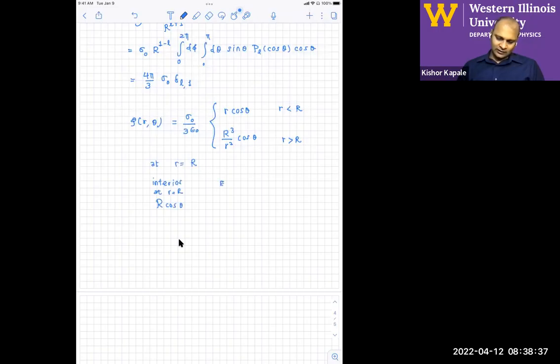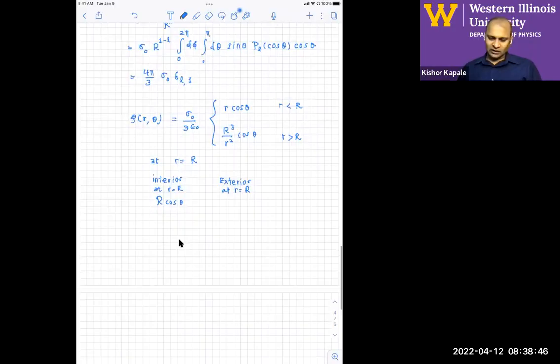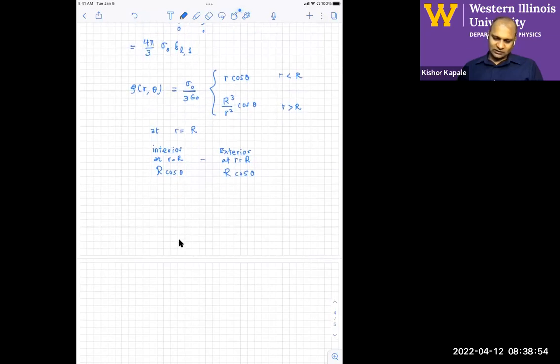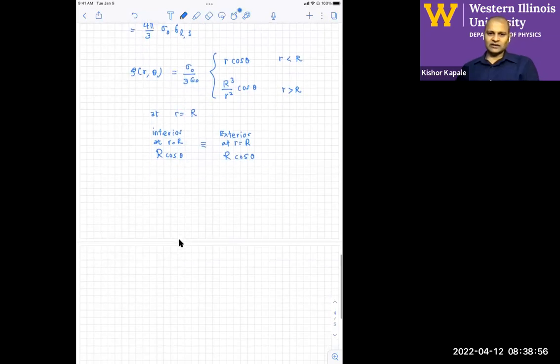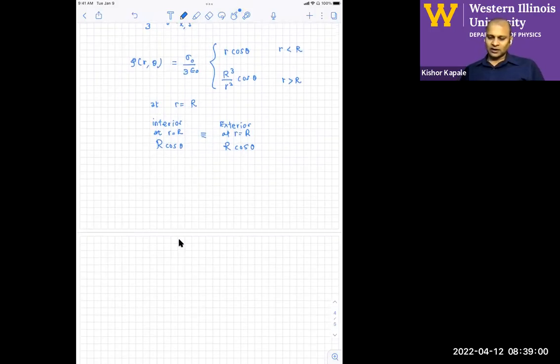And then the exterior expression at r equal to R, it's basically a limiting argument, and so again you get the same thing, because R cubed over R squared is the same thing. So they give you exactly the same thing. There is nothing wrong or complicated about that. That means the potential is continuous across the boundary of a charge distribution.